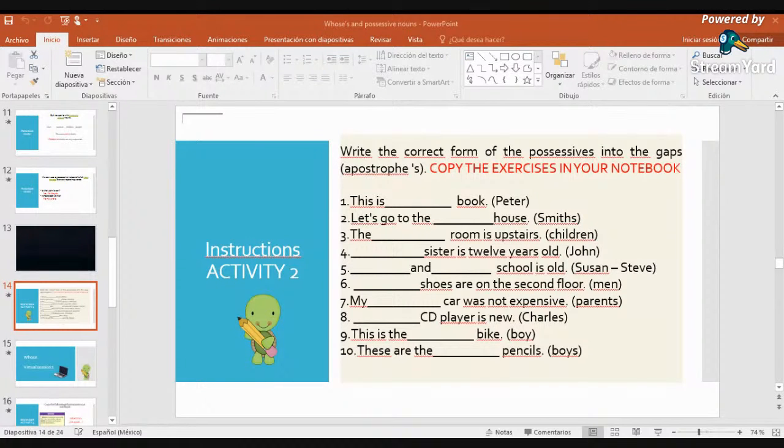Good, Aurelio, you corrected. Now you're right. Remember, if the plural ends in S, like in this case, parents, the apostrophe goes at the end, and that's it. So I'm registering participations too, Galilei and Aurelio as well, okay?